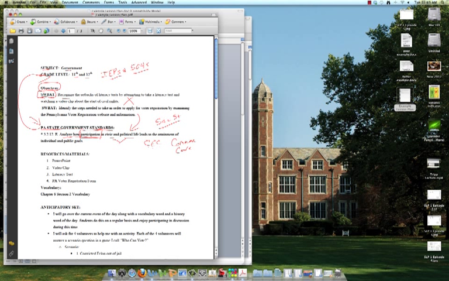So she has these objectives here. She also has resources and materials so that when she's getting prepared, she knows what she needs. And then she has the anticipatory set. Remember, in New York, we're going to call this a do now. And a do now should be 5 to 10 minutes. And it should do two things.